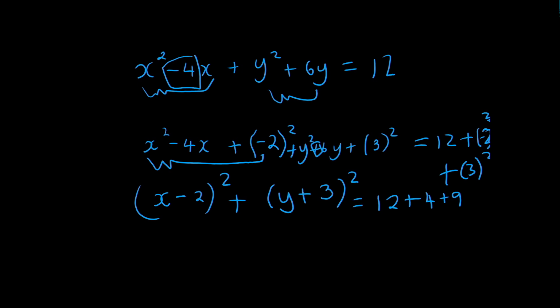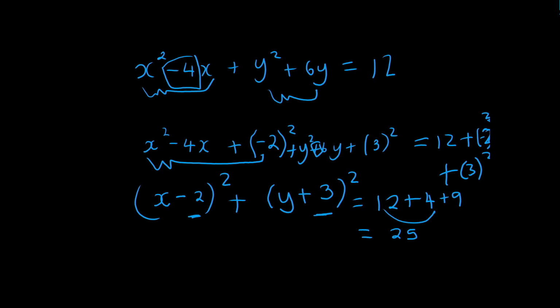So therefore I can see the coordinates of the center are going to be 2 and negative 3, and I can see the radius squared: 12 plus 4 is 16, plus 9 is 25.